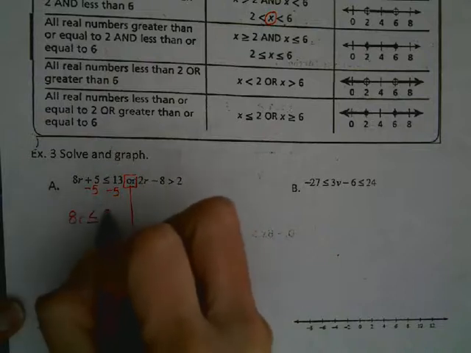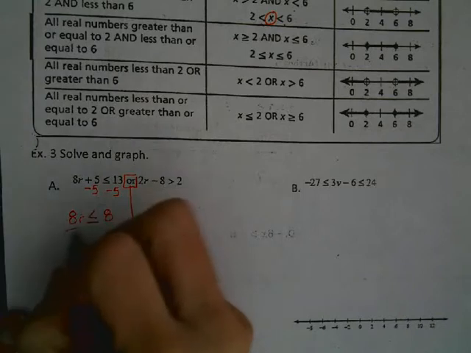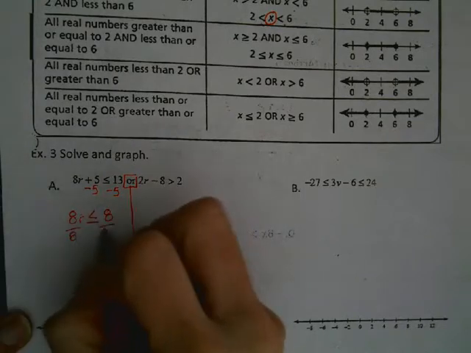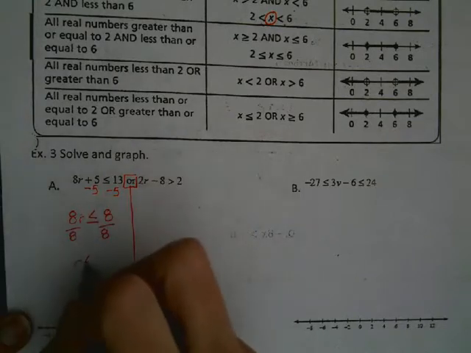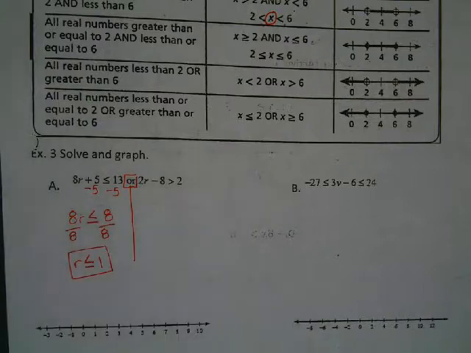Okay, now we're ready to divide. Divide by 8, divide by 8. 8 divided by 8 is 1. You notice I didn't flip anything because I wasn't dividing by a negative.